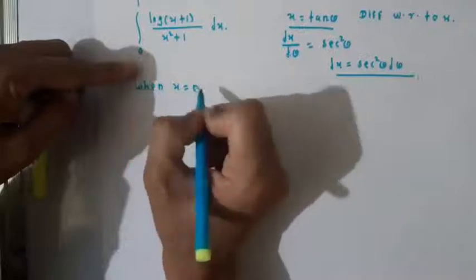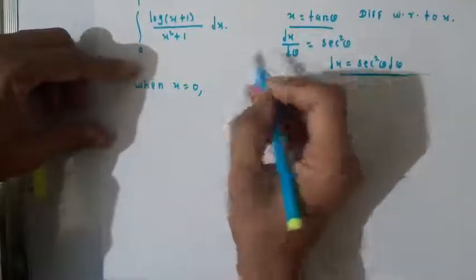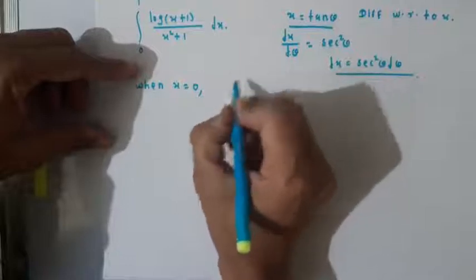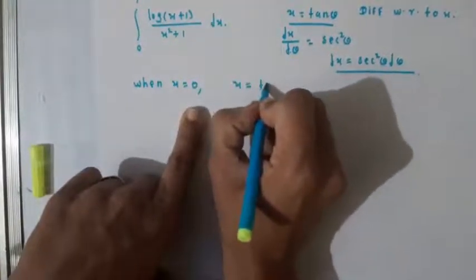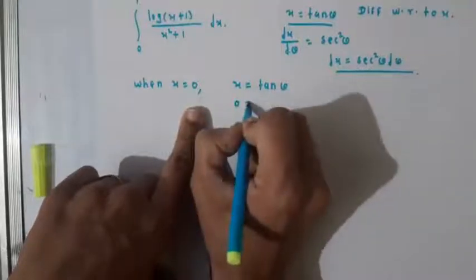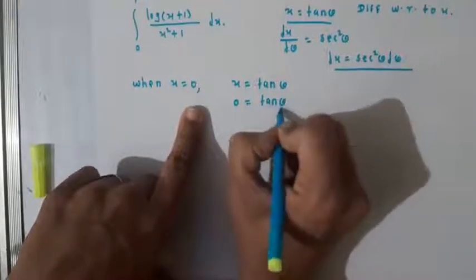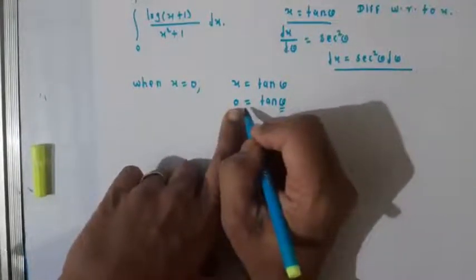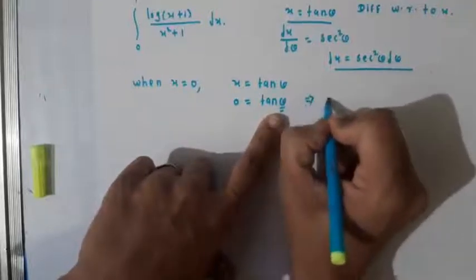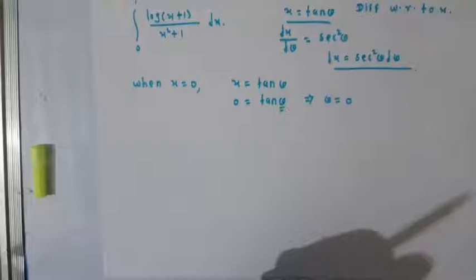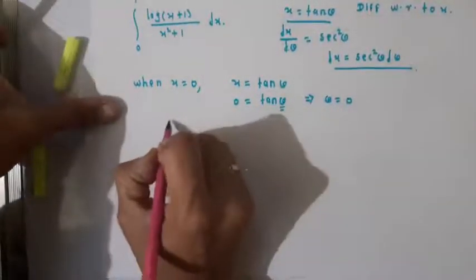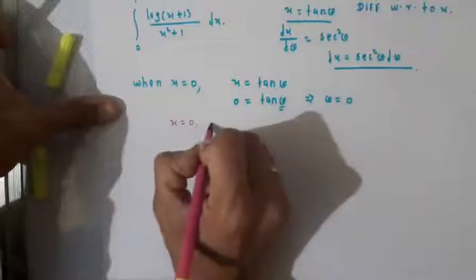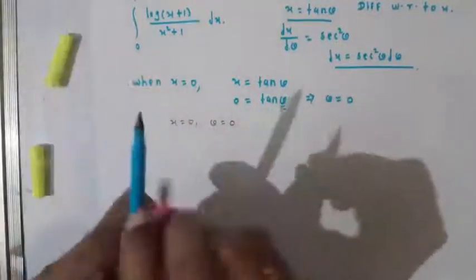When the lower limit x equals 0, as x equals tan theta, this implies 0 equals tan theta, and at theta equal to 0, tan theta is 0, and therefore theta equals 0. So at x equal to 0, theta equals 0.